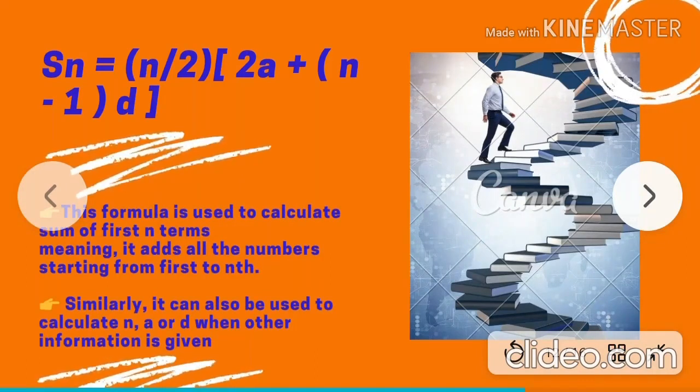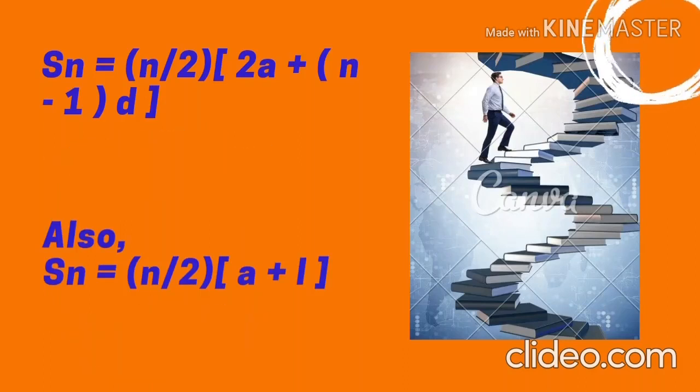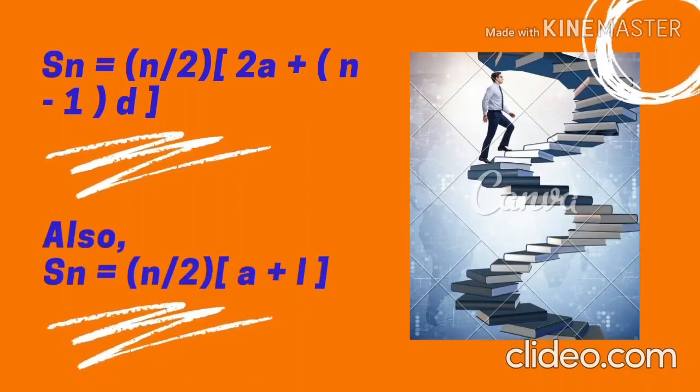The sum of n terms is also given by the formula Sn = n/2 (a + l), where a is the first term, l is the last term of an AP and n is the number of terms. Given the quantities a, n, d or the last term, you can find the sum of n terms and vice versa.